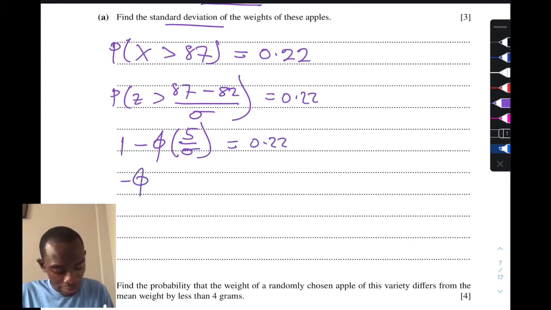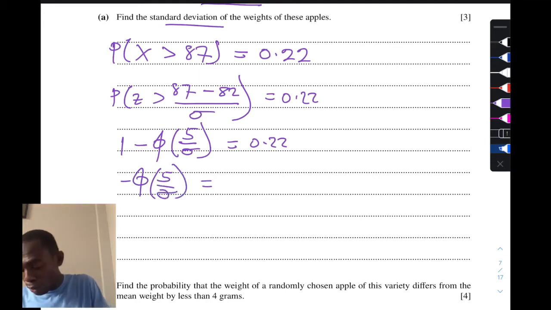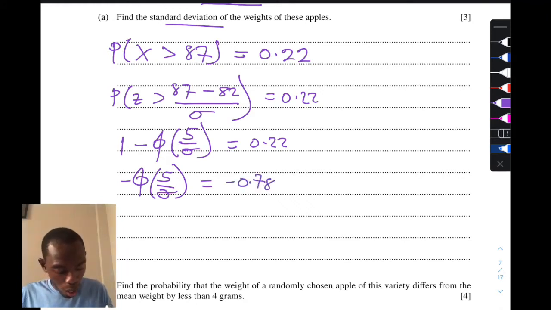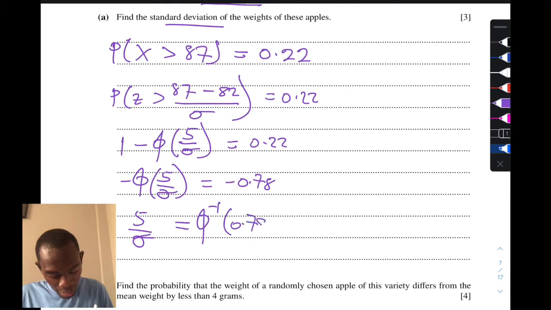So that's negative Φ of 5 over sigma. Now 0.22 minus 1 is negative 0.78. So we can say that the negatives will cancel out. So you have Φ of 5 over sigma is equal to Φ inverse of 0.78.